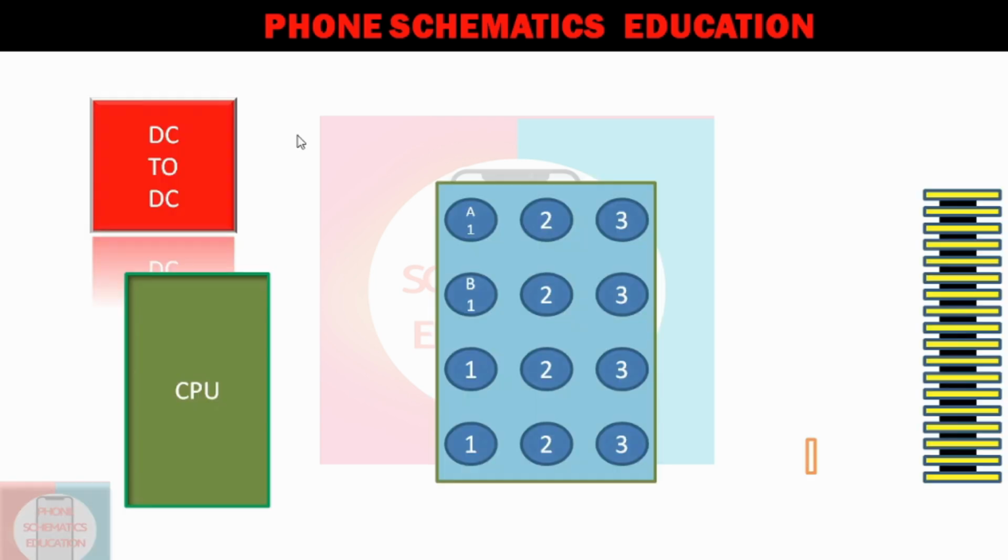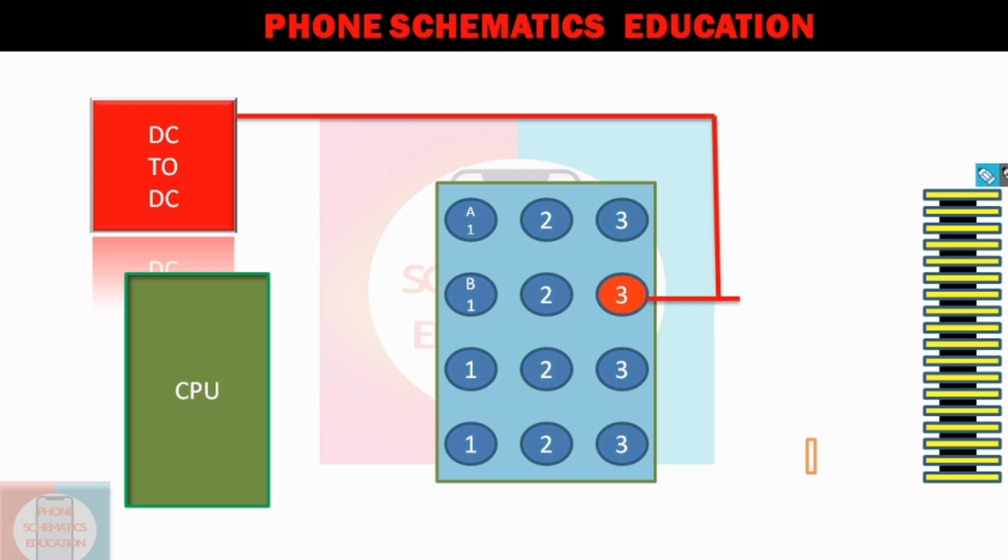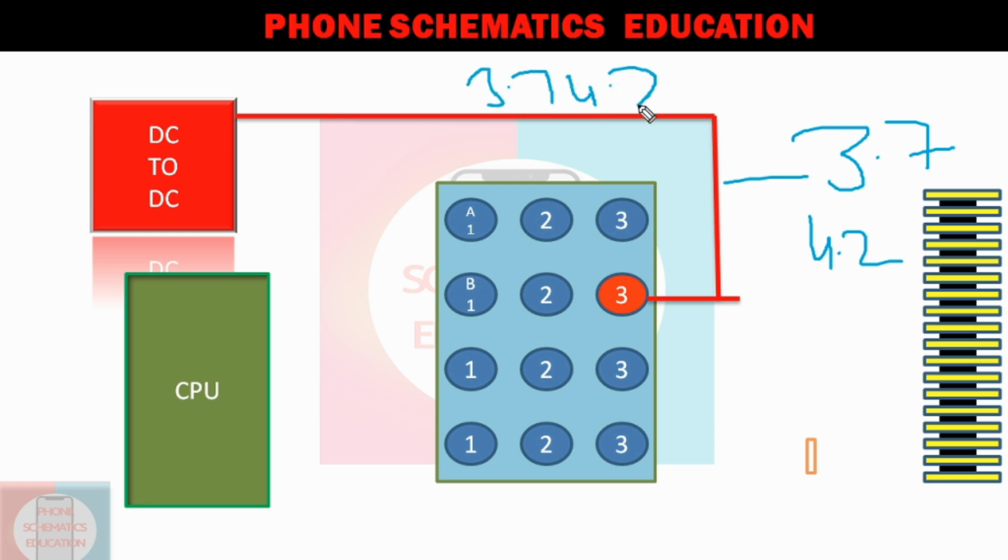each and every pin. From the V system line, a line comes to the pin number B3, right? In this line you will get 3.7 to 4.2 volt, because on a VPH line you will get 3.7 to 4.2 volt.